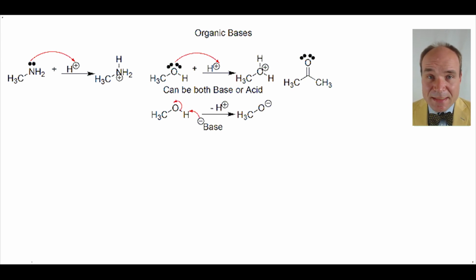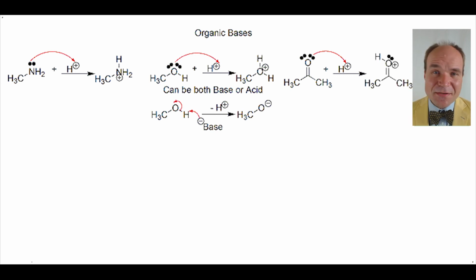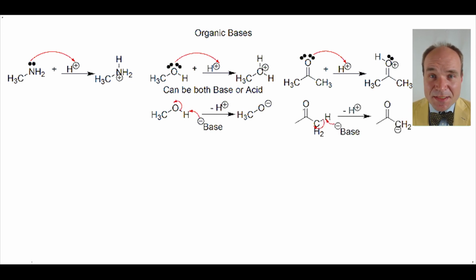One of those lone pairs can accept a proton. The ketone is a Bronsted-Lowry base. But this isn't, again, all that it can do. It can also be a Bronsted-Lowry acid. And in this next example, you can see the same ketone donating the proton.